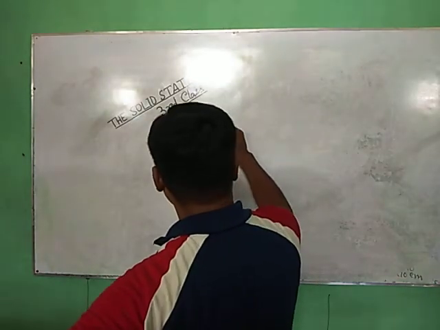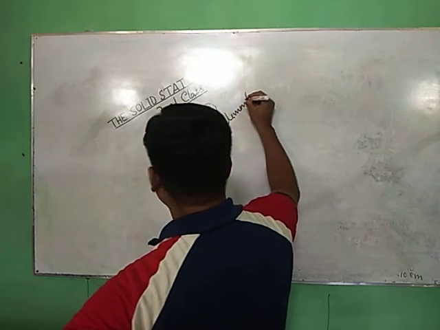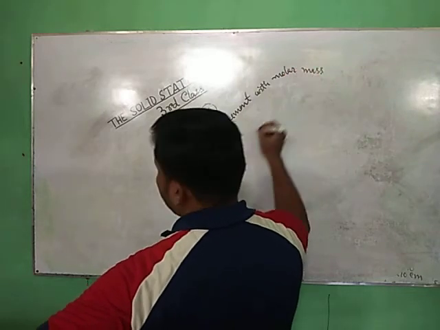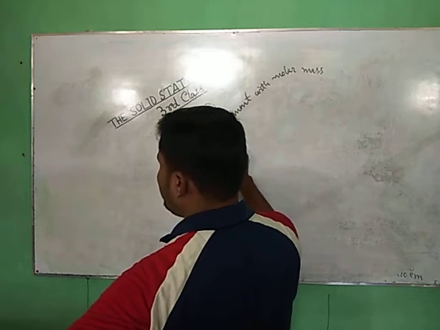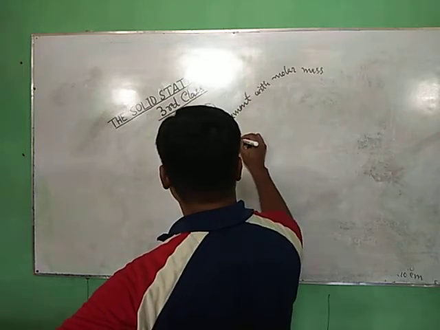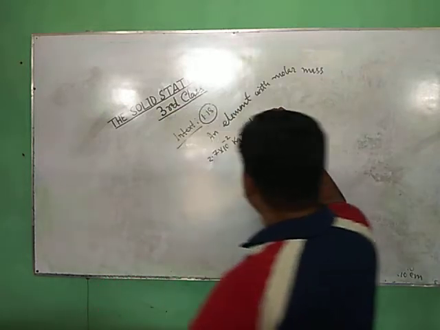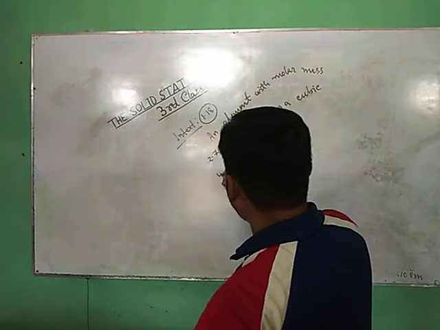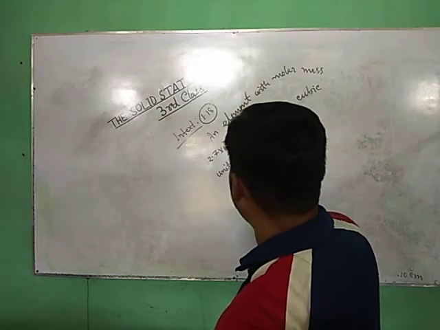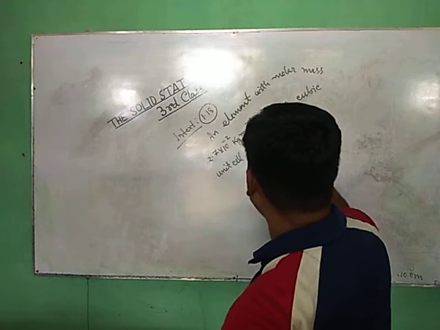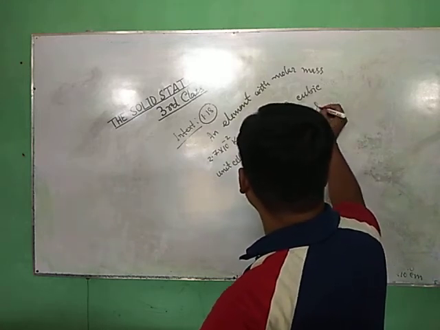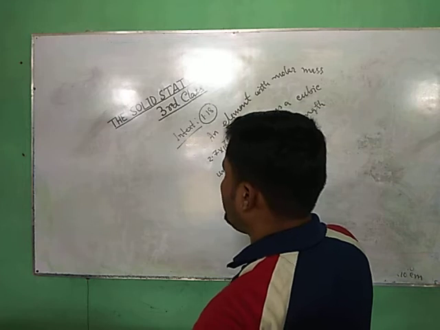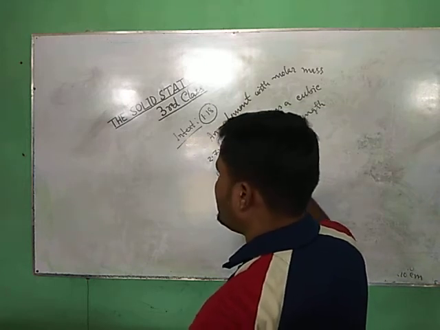An element with molar mass 2.7 into 10 to the power minus 2 kg mole inverse forms a cubic unit cell with edge length 405 picometer.